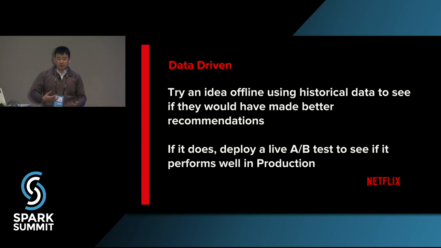If the offline metrics work pretty well, we will probably try it out in an online A/B test and see if it actually helps our core metrics, like retention, streaming hours, member engagement, or user satisfaction. A lot of the time the offline metrics are not correlated with the online metrics, because offline metrics look at ranking metrics like NDCG and recall, but often they are not actually correlated to online. So we still need to do the online A/B test to see how it works.